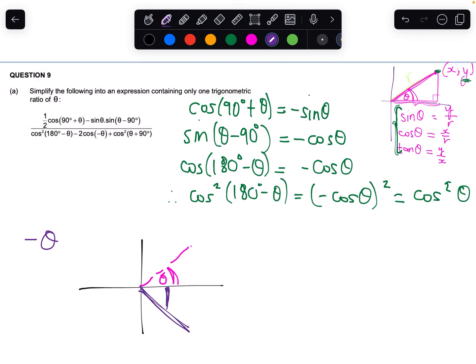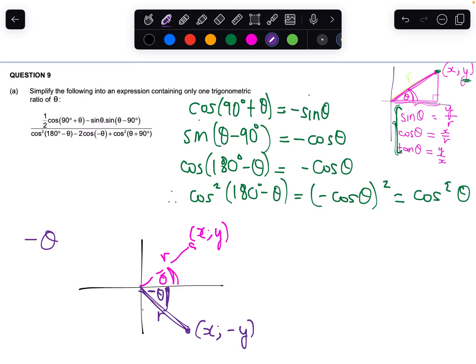Right, so that'll be negative theta. Right, and again, if this is r and this is x and y, then this is a reflection, but this time in the x-axis. So now, oops, the x-coordinate will stay the same, but the y-coordinate will become negative. Right, and this is also then obviously r.